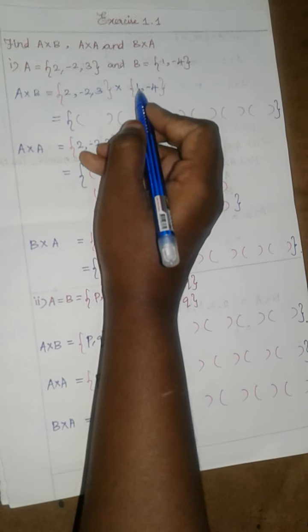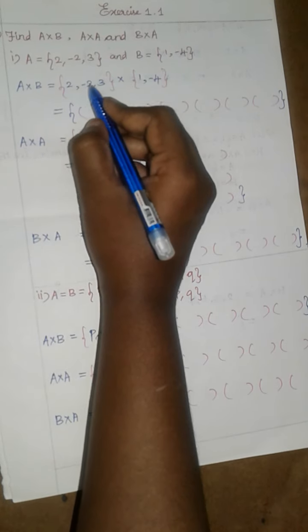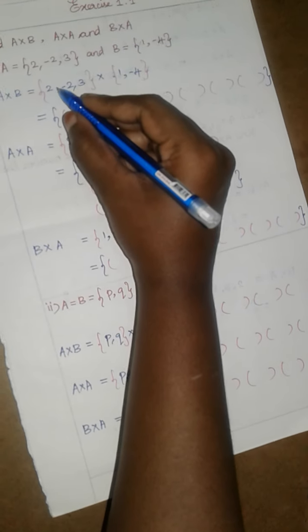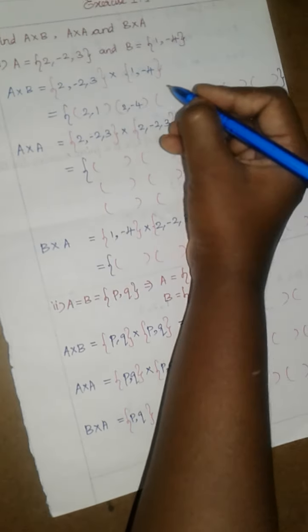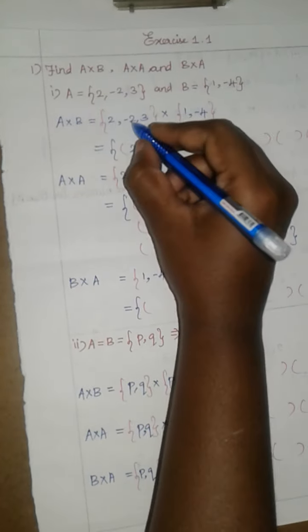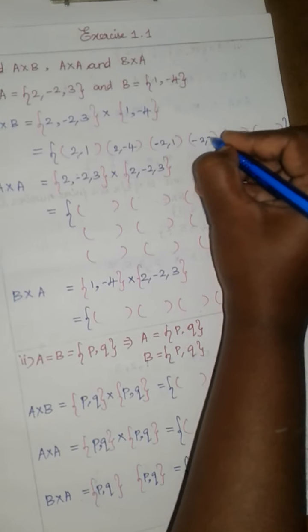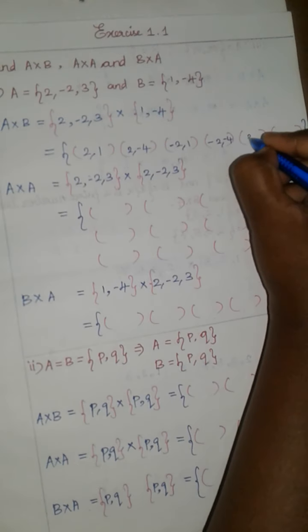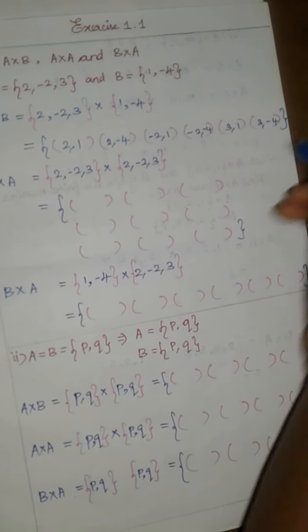Here finding the ordered pairs from A to B. First one is (2, 1), then (2, -4), then (-2, 1), then (-2, -4), (3, 1), (3, -4).